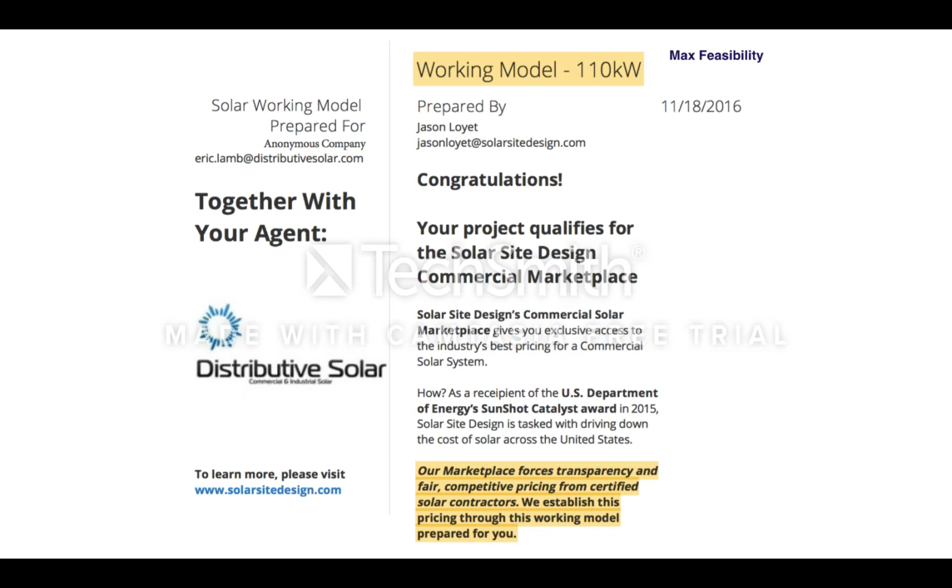Good afternoon. What we are going to do is go over the main points and the main pages of this working model. This is presented from the point of view of almost a cold call, prior to you having any utility data or interval data that we will discuss later.